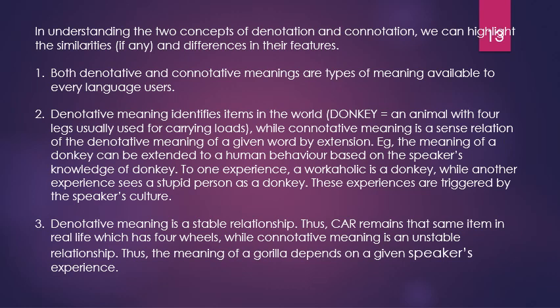Denotative meaning identifies items in the world, like donkey as an animal with 4 legs usually used for carrying loads, while connotative meaning is a sense relation of the denotative meaning of a given word by extension. So if you see somebody who is very workaholic and resembles a donkey in his or her features, in his or her attributes, then you can say that person is a donkey.